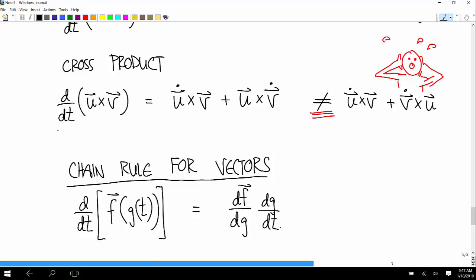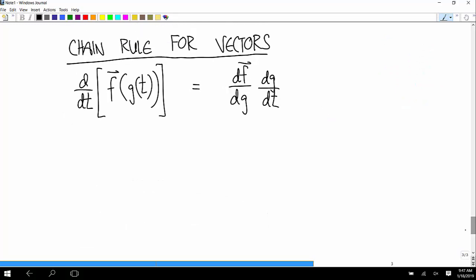And then you're multiplying that vector by this scalar. Here's the way it'll come up. Yeah, dg dt, that's right.